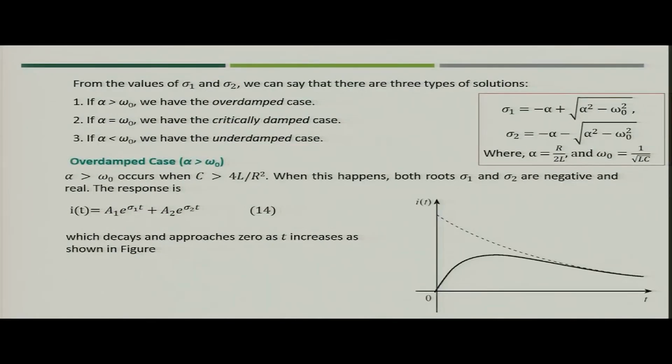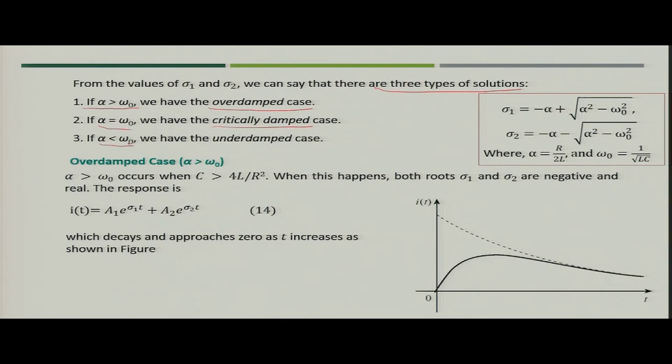Based on the values of sigma 1 and sigma 2, we found that there are three types of solutions. First, when alpha is greater than omega naught, the circuit is overdamped. When alpha is equal to omega naught, we have the critically damped case.